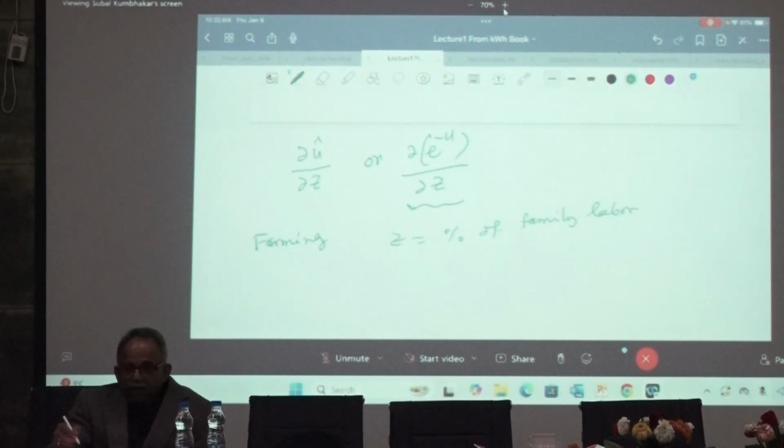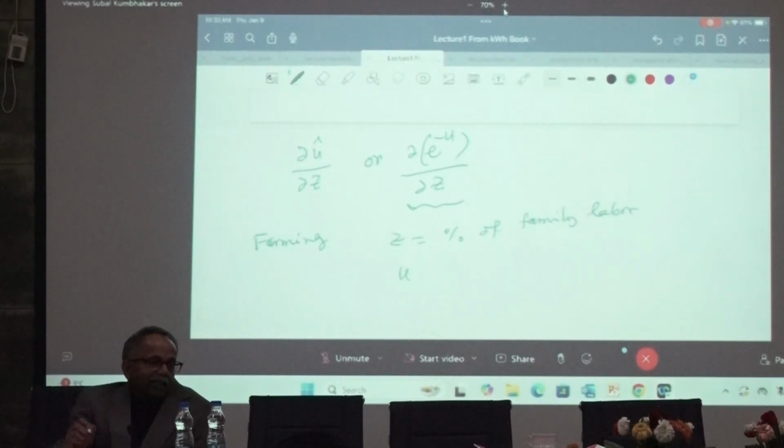So let's say the Z variable is the percentage of family labor, and you estimate the model using Z as a determinant of inefficiency. You go through the same routine, and you plug the data into the computer. The computer gives you an estimate of U and also gives you the marginal effects.